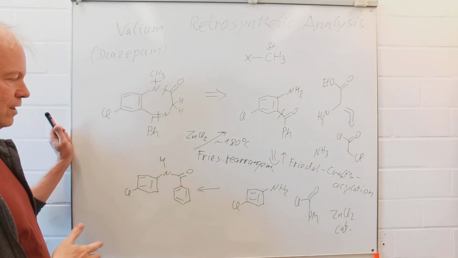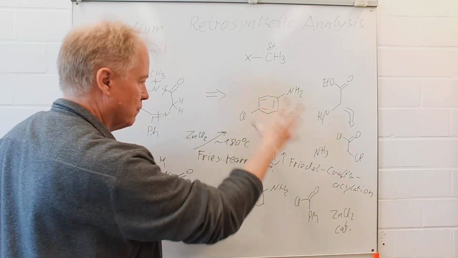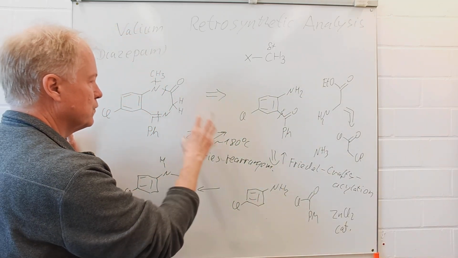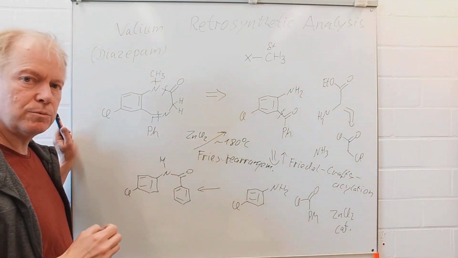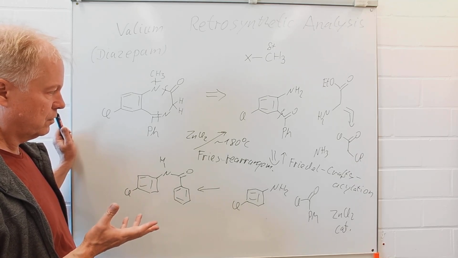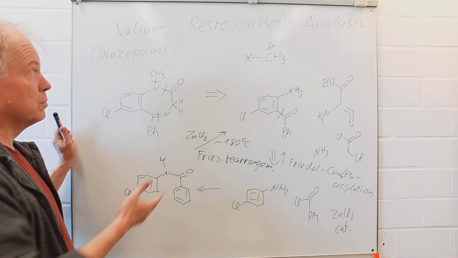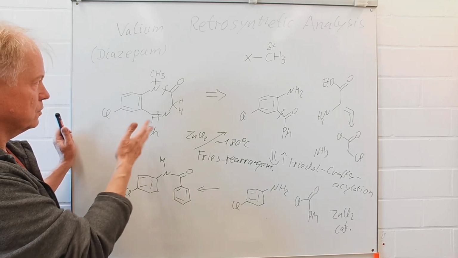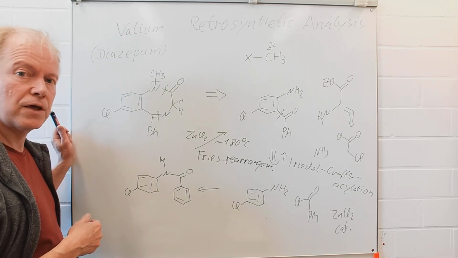Okay, and therefore with this Fries rearrangement as an additional element, we have solved the problem of the retrosynthetic analysis of Valium. Thanks for listening.